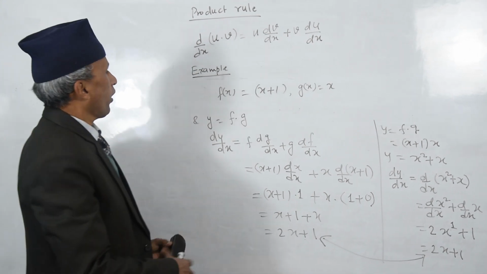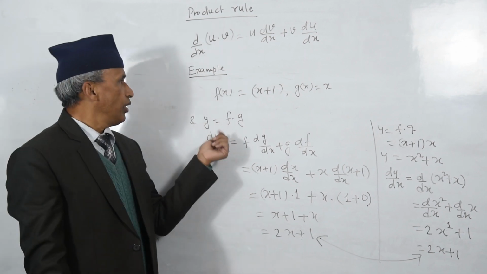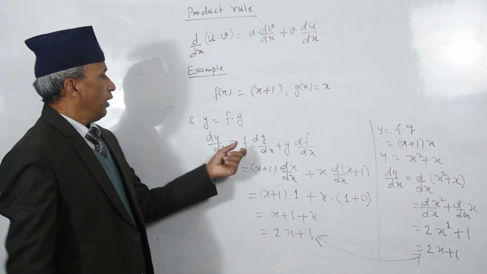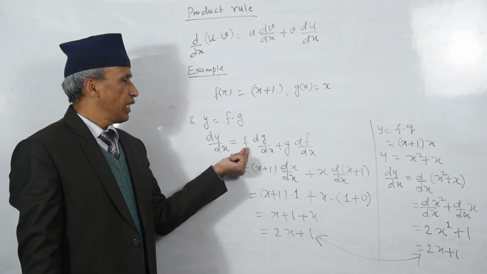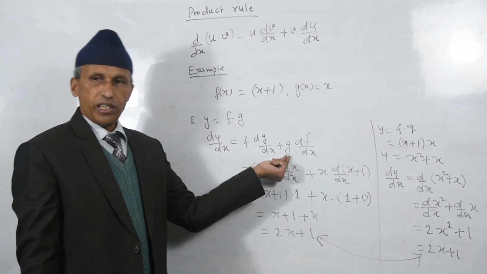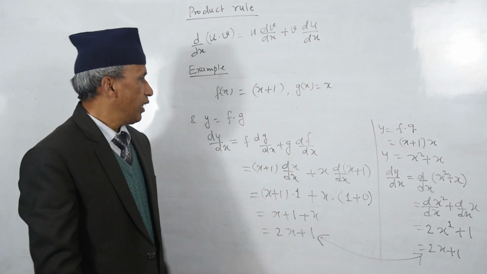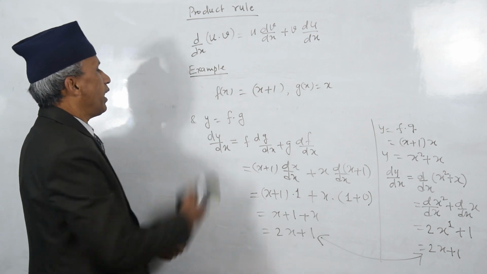So this is about the product rule. What you do is take the first as it is, differentiate the second, then the second as it is, differentiate the first. Don't be confused about u, v and f, g.